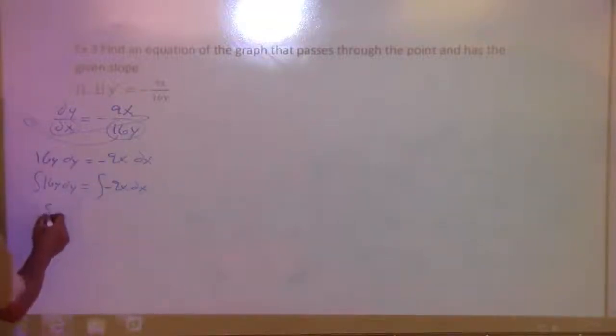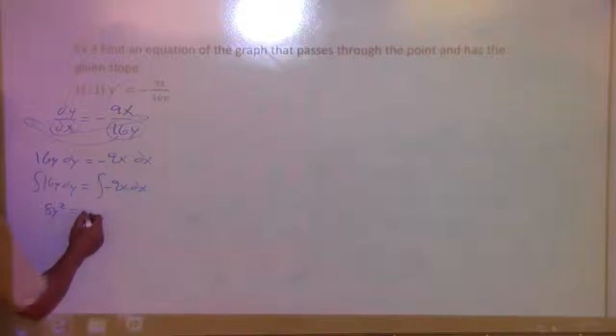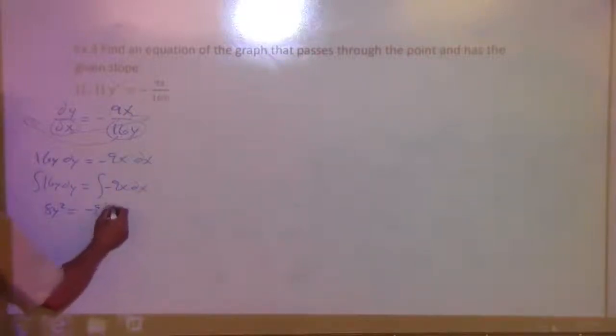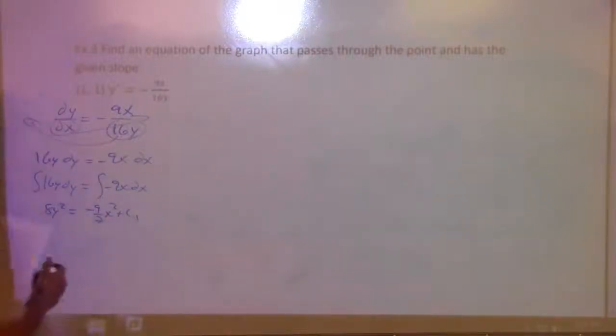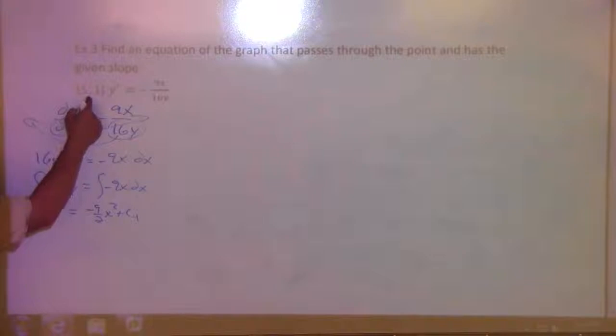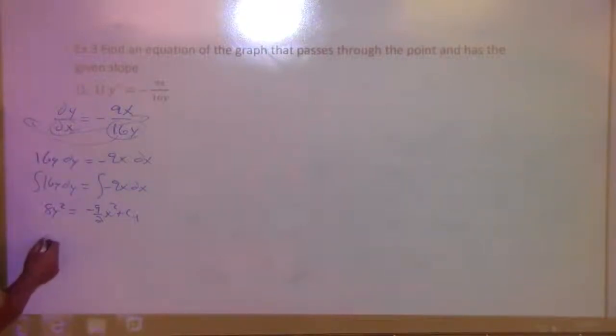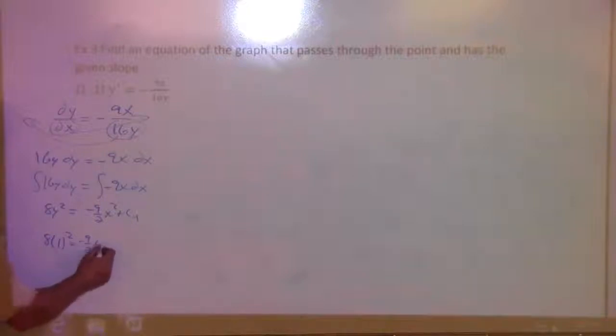That's going to be 8y squared equal to negative 9 halves x squared plus c1. It goes through 1, 1, so 8 times 1 squared equals negative 9 halves times 1 squared plus c1. 8 equals negative 9 halves plus c1.